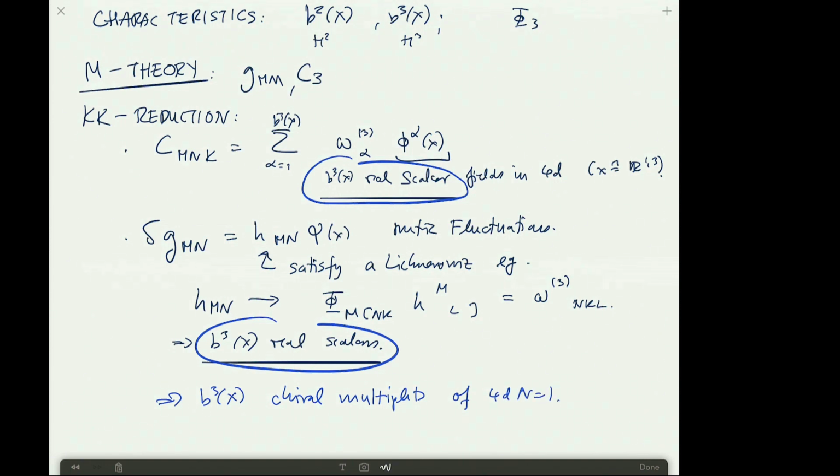Okay. Now we also have 2 forms, and if we expand the C3 in the 2 forms, this is very similar to what we did earlier in terms of the 6d (2,0) theory. So for the B2 of X, we have C3 expanded now in terms of, say, some omega_I^2.